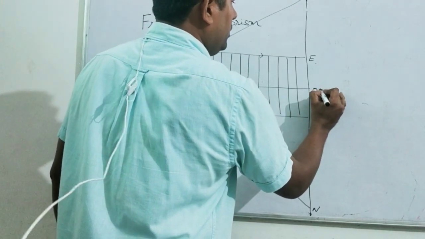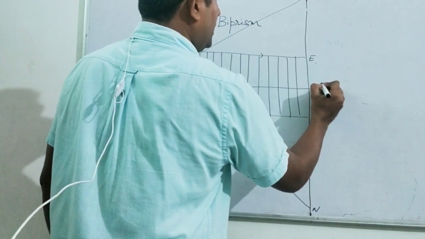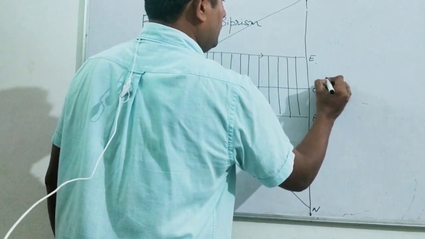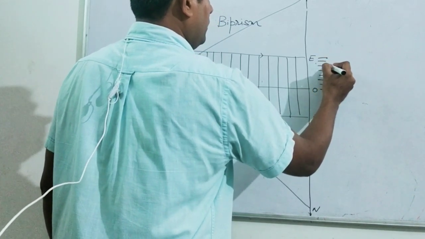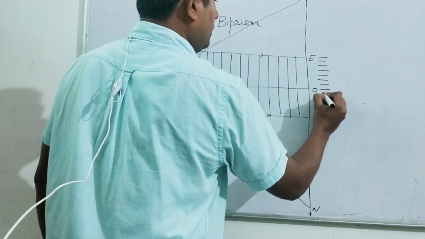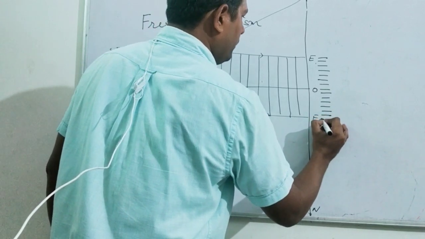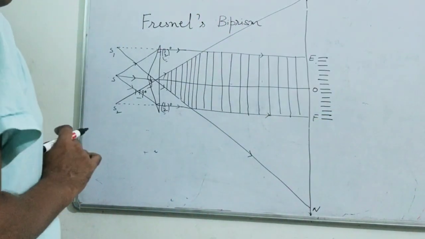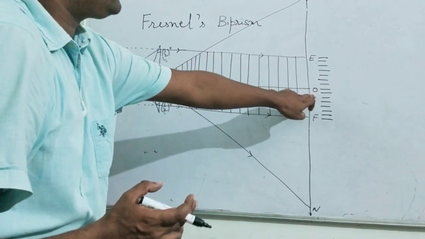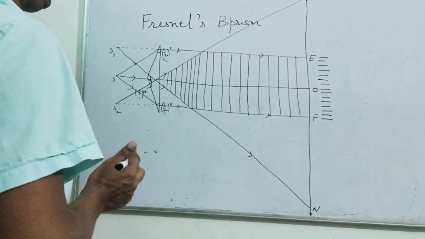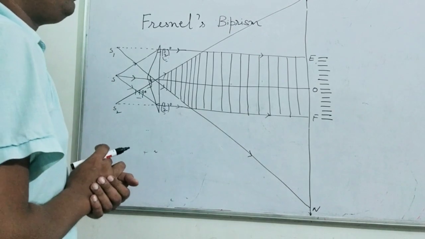Now we will get fringes of equal spacing, bright and dark fringes. Alternately, bright and dark fringes are obtained on either side of this point O. Now the question is, which point is the point of maxima and which is the point of minima?